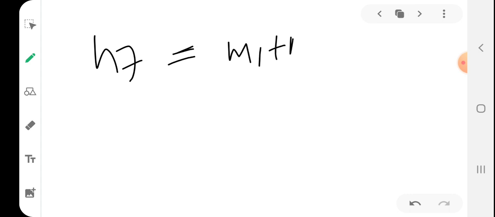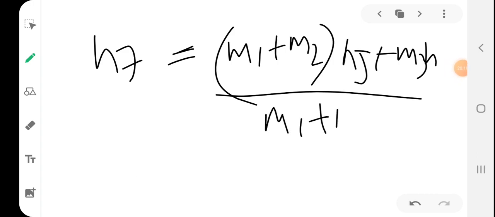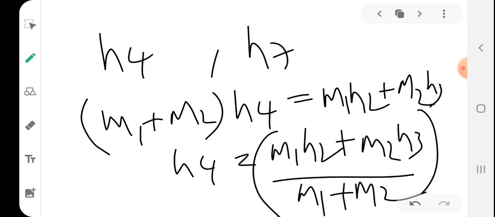Similarly, h7 can also be found using the same method: m1 plus m2 into h5 plus m3 into h6 by m1 plus m2 plus m3, because at the seventh point, from this side m1 plus m2 is coming, from this side m3 is coming, so the whole will become m1 plus m2 plus m3. That is the method to find the values of h4 and h7.